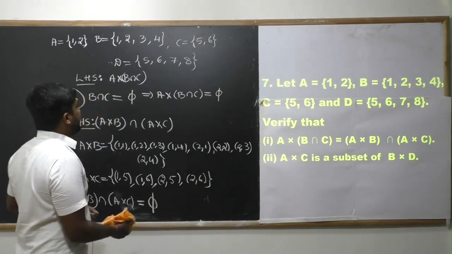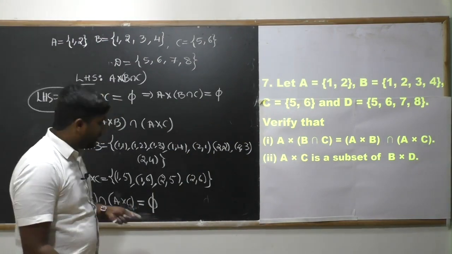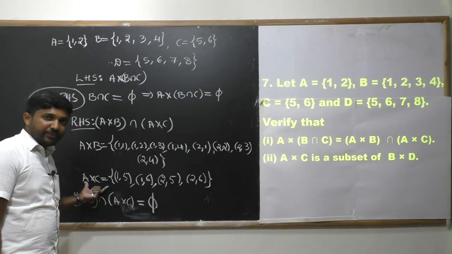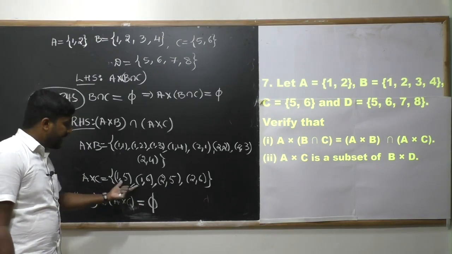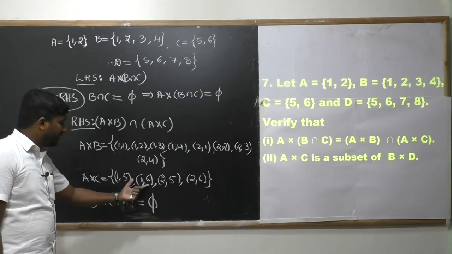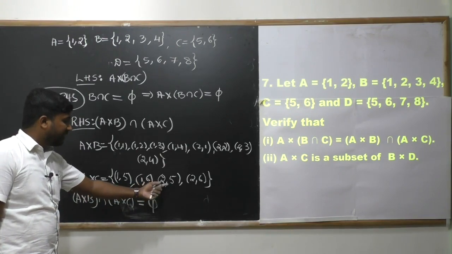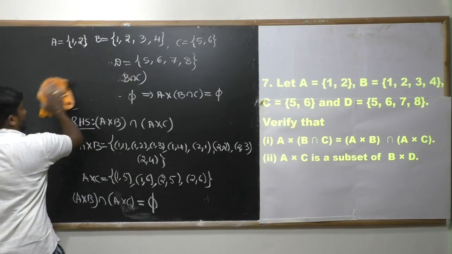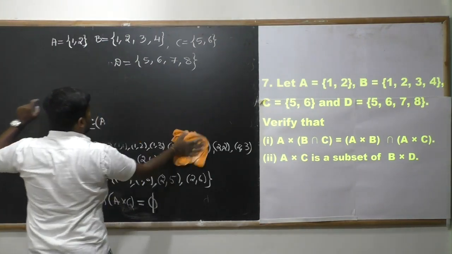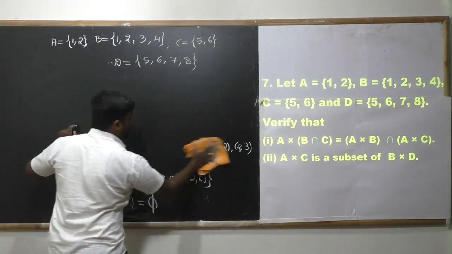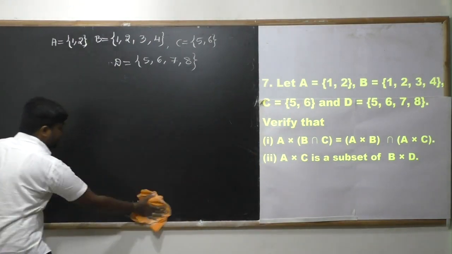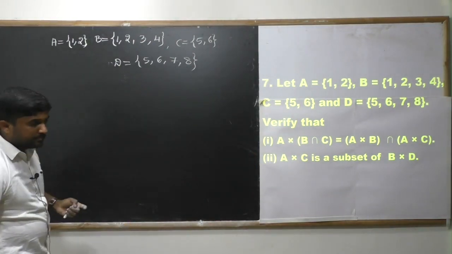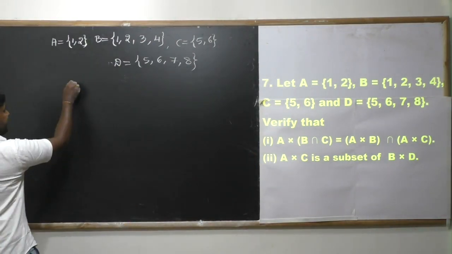Okay, now we write A cross C and B cross D. You can just copy A cross C from our first sub question itself. A cross C is equal to the set with ordered pairs (1,5), (1,6), (2,5), (2,6). Okay, now we are going to prove the second sub question. Here, what is A cross C?